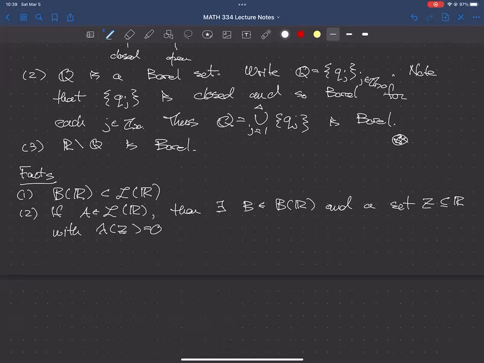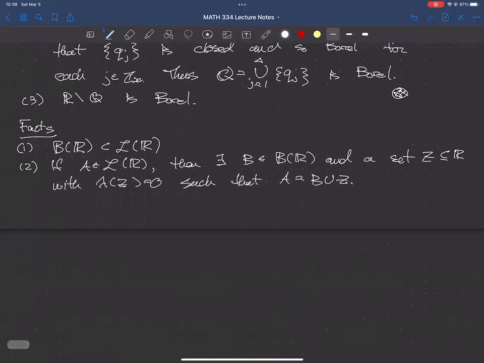Okay, so Z has measure 0, such that A is equal to B union Z. So what this is saying is that while not every Lebesgue measurable set is a Borel set, it differs from a Borel set by at most a set with measure 0. So it's almost true that every Lebesgue measurable set is Borel.